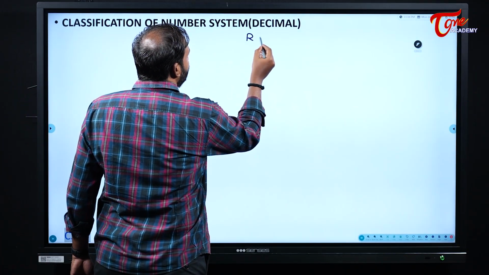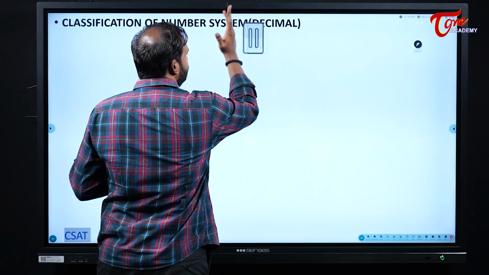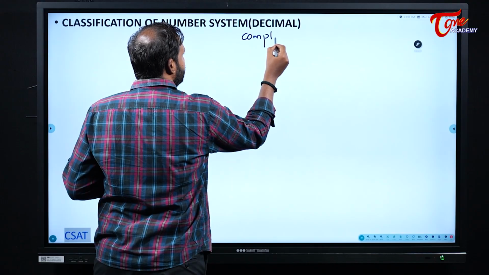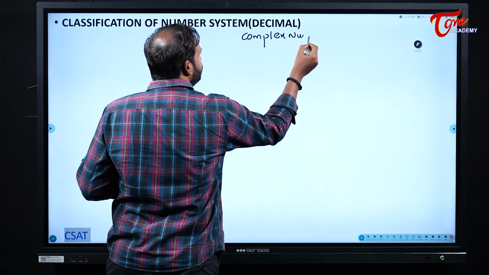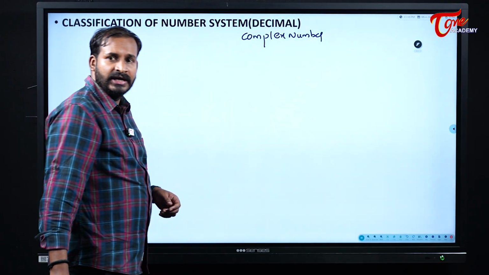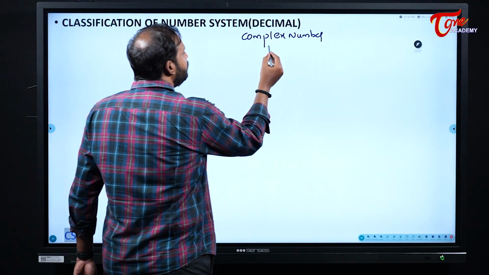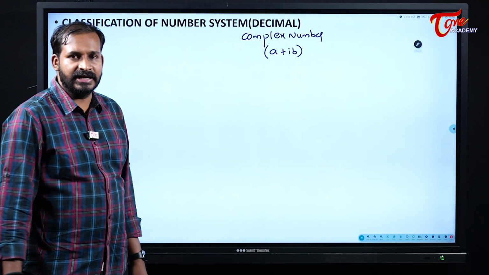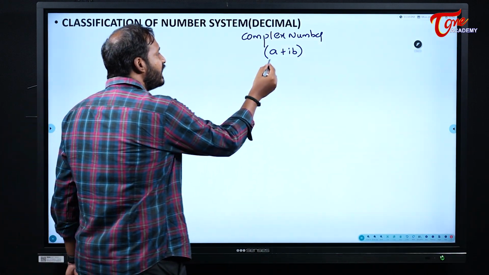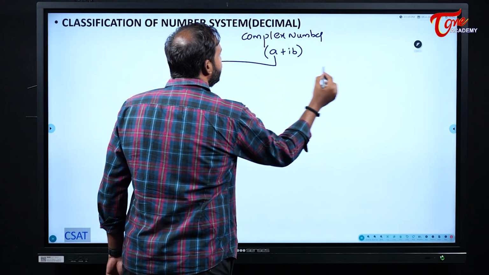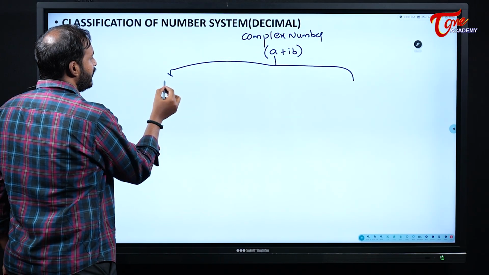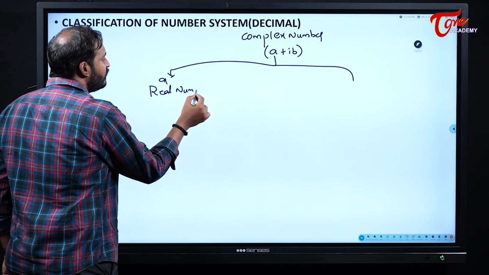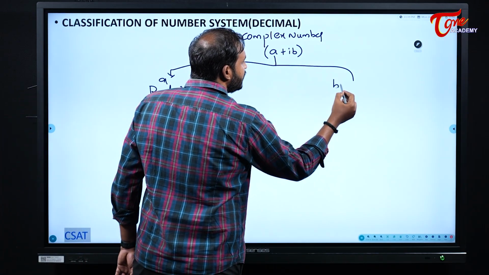Now, a complex number is usually indicated with a plus ib, where a is a real number and b is an imaginary number.